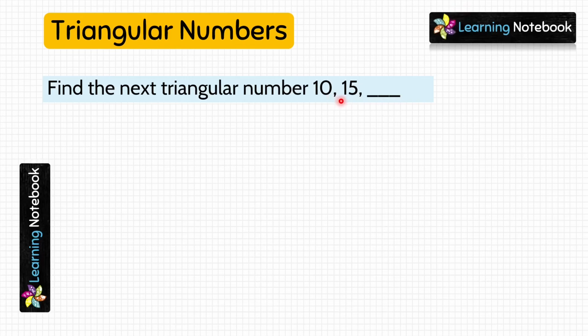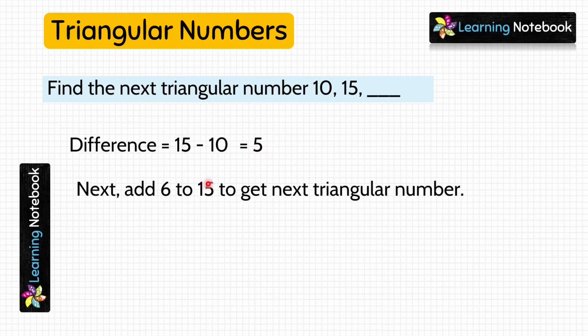First, students, find the difference between the two given triangular numbers. So 15 minus 10 equals 5. Next, add 1 to this difference 5. 1 plus 5 equals 6. So we have got 6 now.